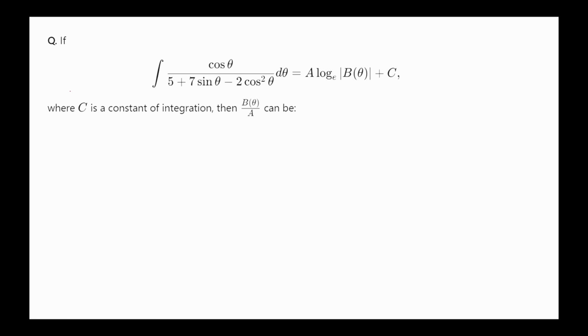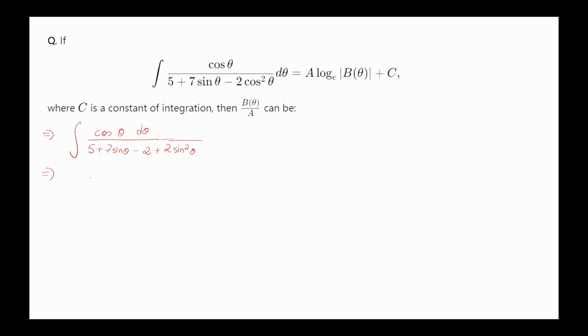So let me first substitute cos square theta as 1 minus sin square theta. This would become the integration of cos theta d theta upon 5 plus 7 sin theta minus 2 plus 2 sin square theta.